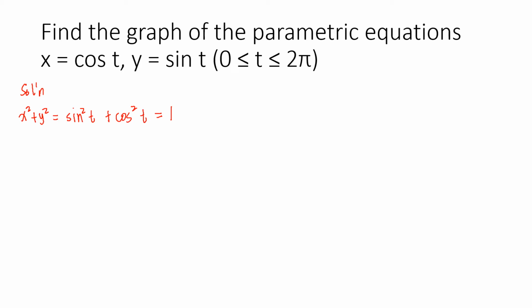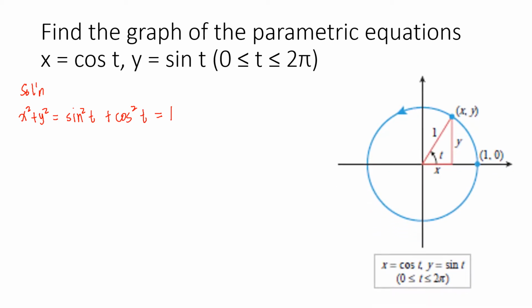Geometrically, the parameter t can be interpreted as the angle swept out by the radial line from the origin to the point (x, y), which can be expressed as (cosine t, sine t) on the unit circle. So this would be the unit circle, and this is the same as cosine t, sine t.